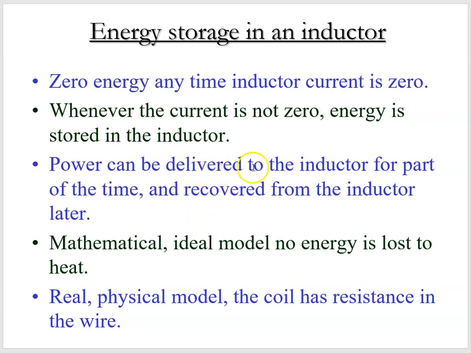So it's delivered to the inductor, stored in the inductor, and then recovered from the inductor. The inductor is what's providing the energy. In a mathematical ideal model, no energy is lost to heat. In a real physical model, we would have to model a resistor in series with the inductor to model the energy that's lost to heat when we're storing energy in the inductor or delivering energy from the inductor.